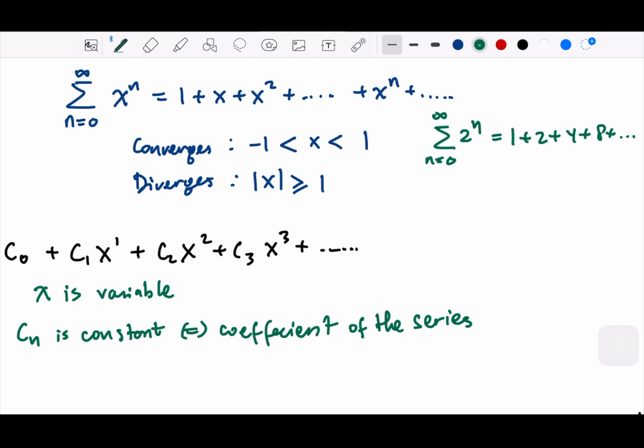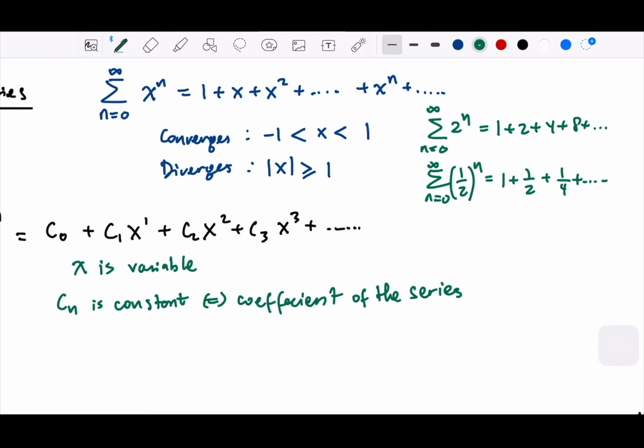It's going to be increasing and increasing. If x is less than 1, say half, then we are going to see that this is going to converge. It's like the Zeno paradox that we saw at the beginning of our chapter 11, right?